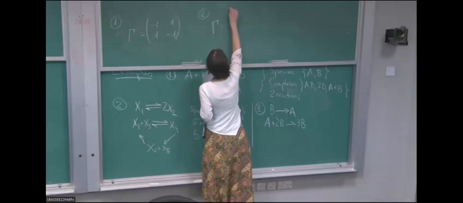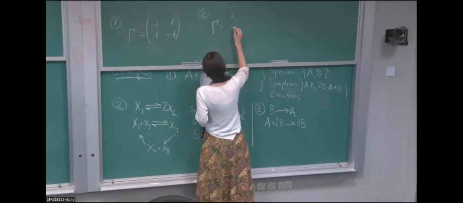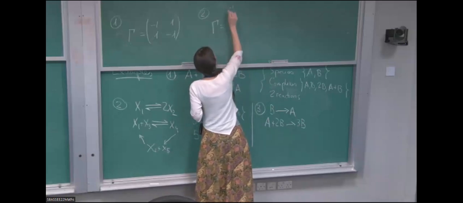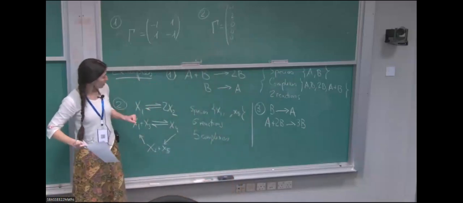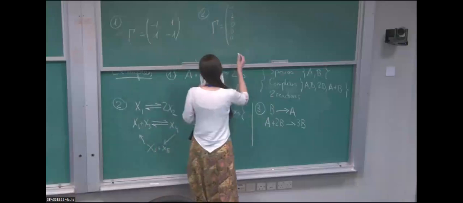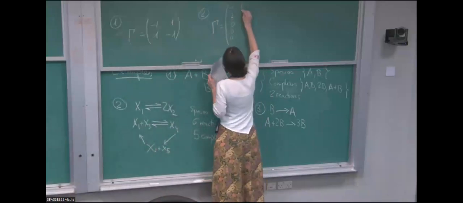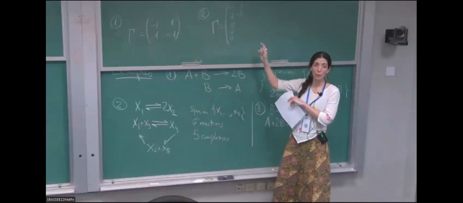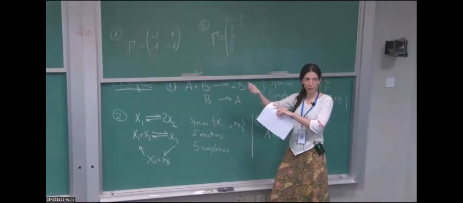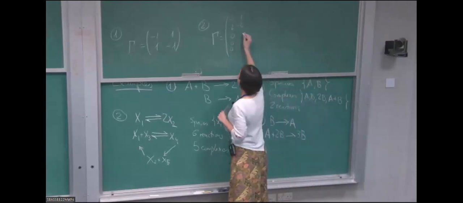And it will go something like this. So the first reaction loses 1 x1, produces 2 x2, and so on. And as it is reversible, every time it is reversible, I will have 2 columns, one for each way. And it's just the opposite sign.